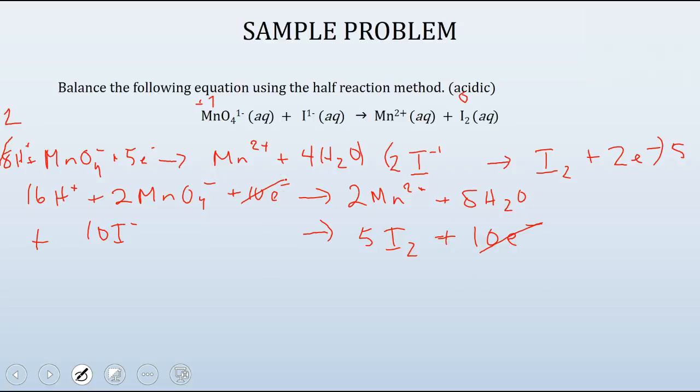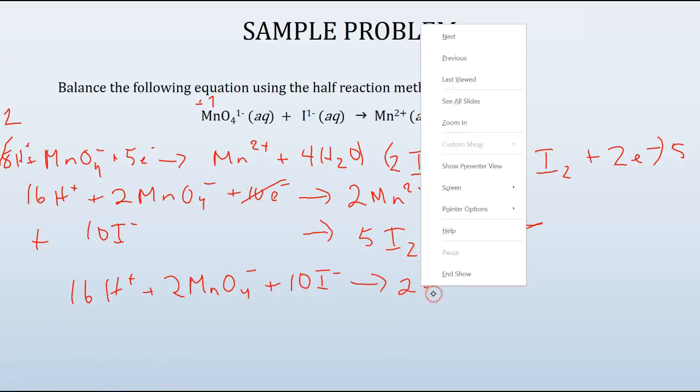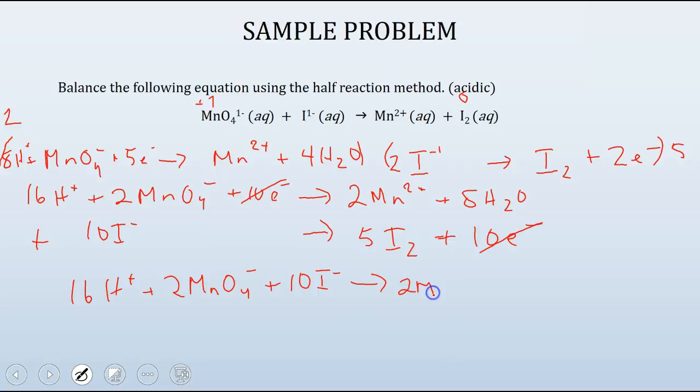Nothing else cancels out from side to side, so I have 16 H+, 2 permanganate ions, plus 10 iodide, yielding 2 manganese 2+ plus 5 iodine molecules plus 8 waters. So I double check. 16 hydrogen, 16 hydrogen. 2 manganese, 2 manganese. 8 oxygens, 8 oxygens. 10 iodine, 10 iodine. Everything is good.